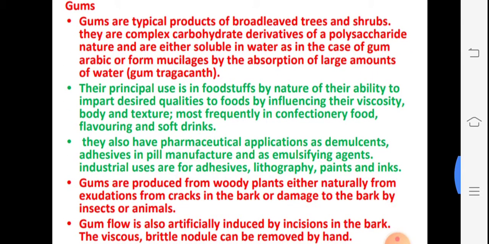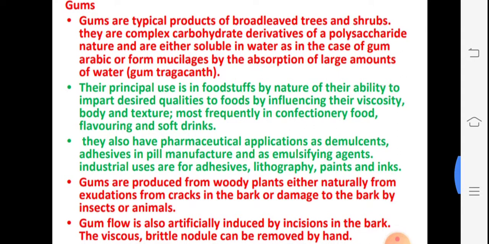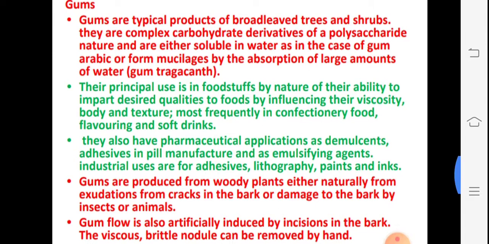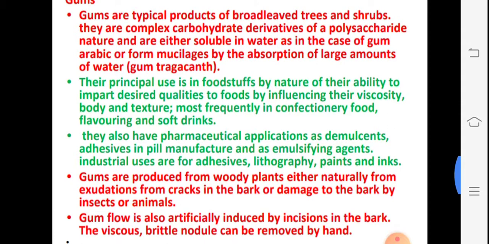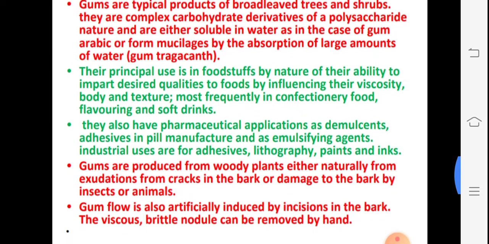These are generally the typical products of the broad-leaved trees and shrubs, and they are complex carbohydrate derivatives of polysaccharide in nature and soluble in water. Gum arabic forms a mucilage after the absorption of sufficient water. It is also seen in gum tragacanth.